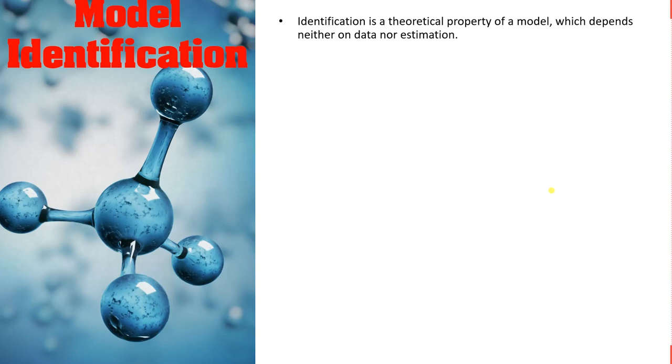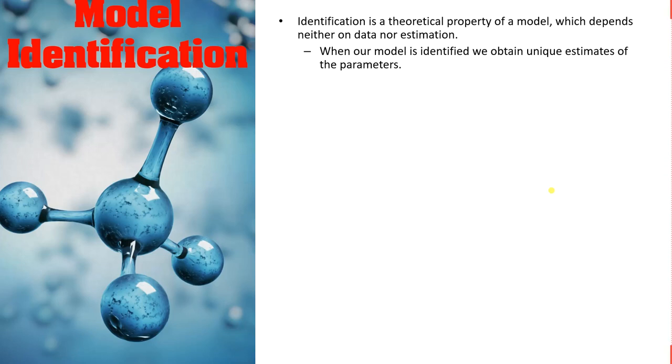Basically, identification is considered a theoretical property of the model, which neither depends on data nor on the estimation procedure. But we can think that if a model is identifiable, it means that unique estimates of the parameters can be estimated.